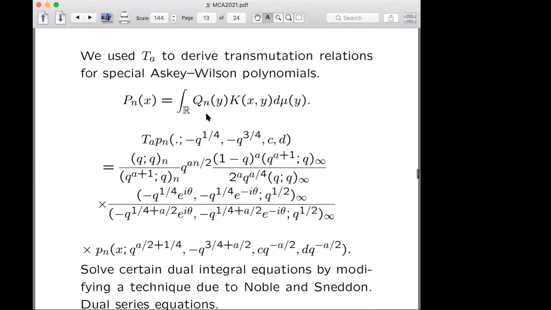In our case, we couldn't do the general Askey-Wilson. We did two parameters. Our techniques don't work unless we make these choices. I wish we could remove this, but we can't. And for this one, if I take the TA acting on this, I get another Askey-Wilson.